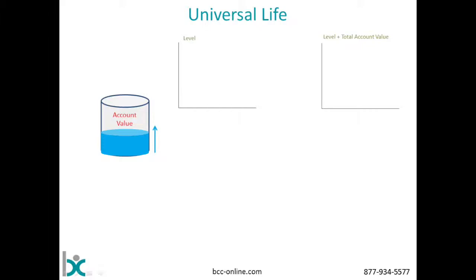So the level death benefit, if we assume that we're going to have this growth like so, and maybe the same thing over here, we have this growth. In a level death benefit structure, if you purchase a $250,000 universal life policy, for example, then you know that as long as you own the policy, the least your death benefit can be is $250,000.